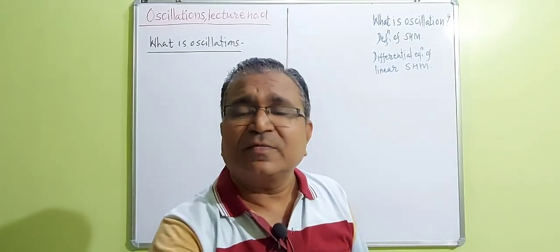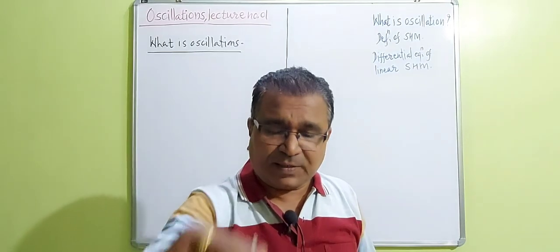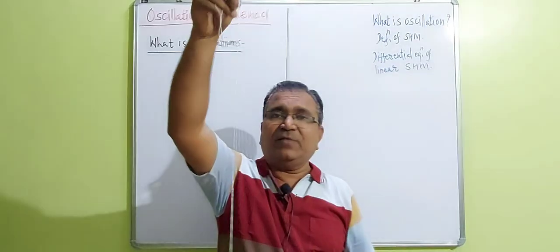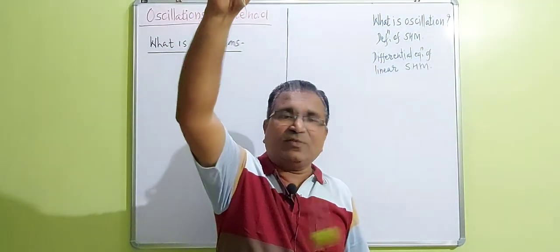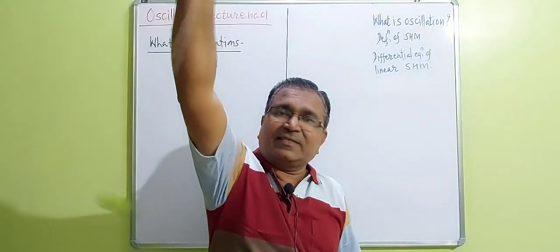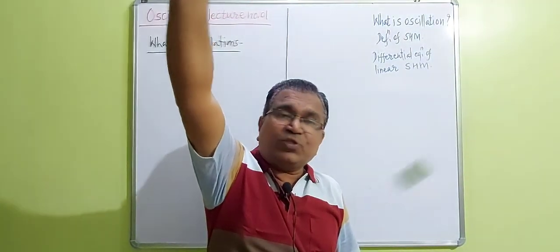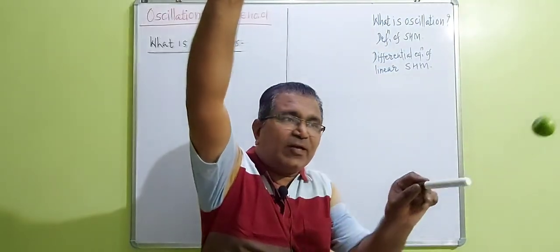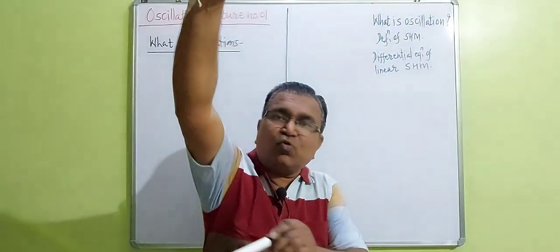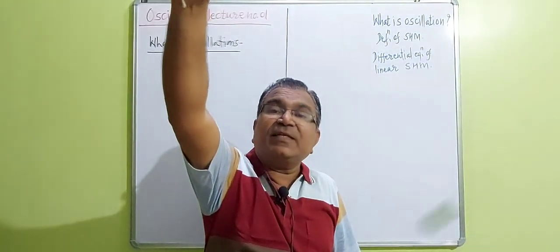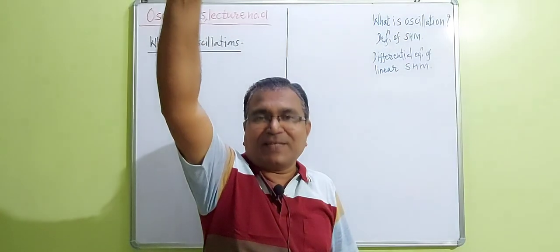See here, I will show one of the examples. Suppose this is a pendulum like this, and this pendulum is oscillating like this. This motion of the pendulum moves along the same path to and fro, which repeats itself after a definite interval of time.